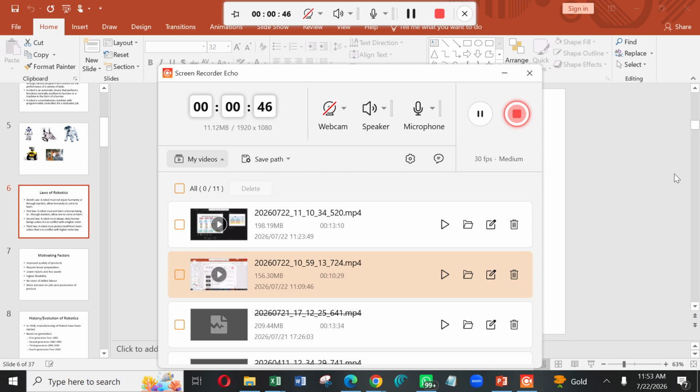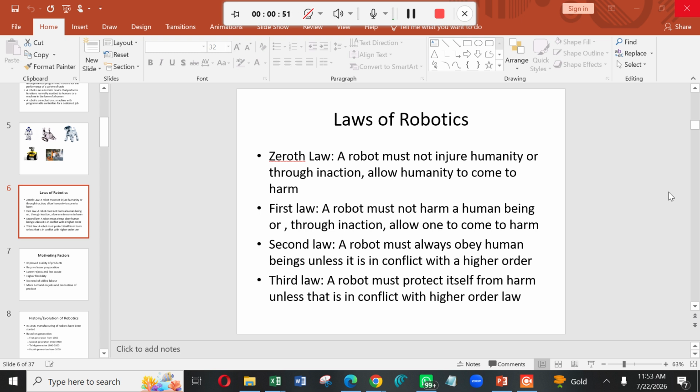So, here we will try to see today about the laws of robotics. What are the different laws of robotics? There are four laws, namely zeroth law, first law, second law, third law.